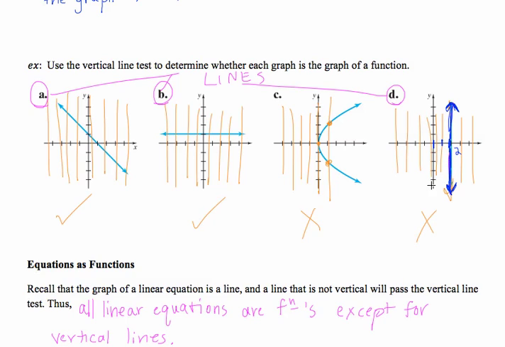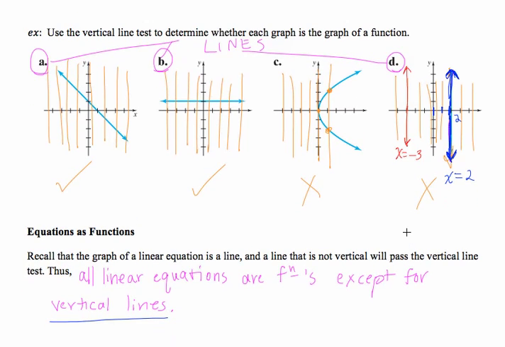Y can be -5, -3, 0, whatever, but x has to be 2 for it to be on the line. Therefore, the equation of this line is x equals 2. The equation of any vertical line is x equals a number. So if the vertical line had been over here, maybe at -3, the equation there would have been x equals -3. So vertical lines have the specific form of the equation x equals a number.